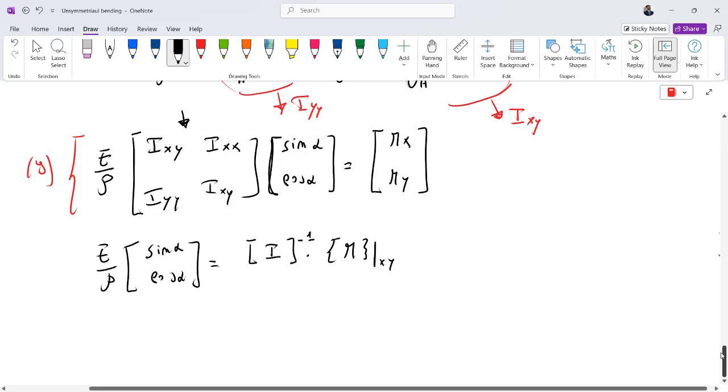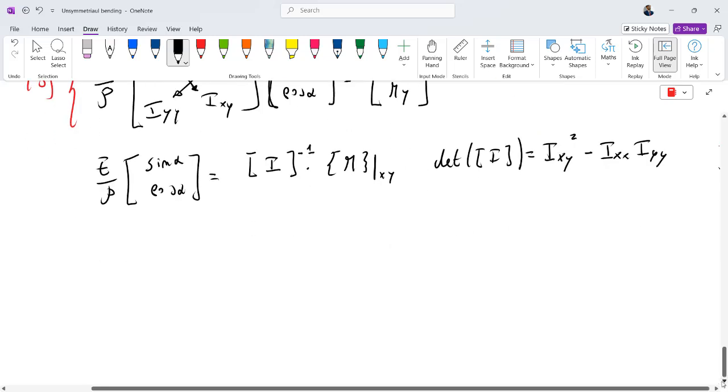The determinant of matrix I is equal to the product on the main diagonal of the matrix, that is this diagonal here, Ixy squared, minus the product on the secondary diagonal of the matrix, that is equal to Ixx times Iyy.